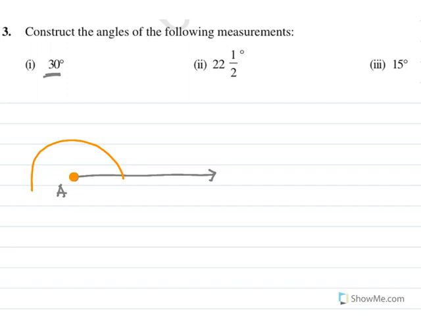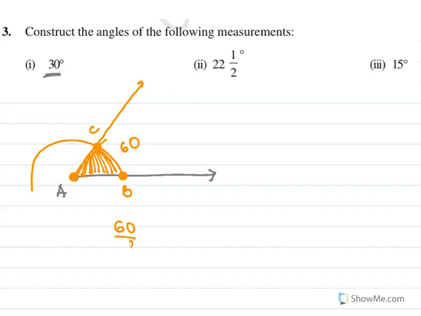Now next, keep your compass at this point, say B, and with the same radius, you cut the arc at one point, and this will be C. When you join this up, the angle here will be 60 degrees. So this angle is 60.